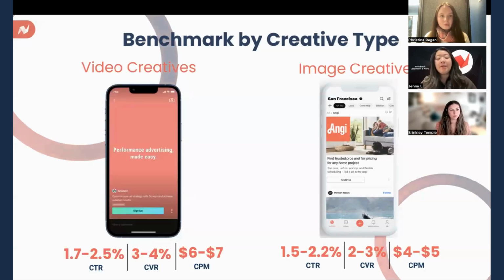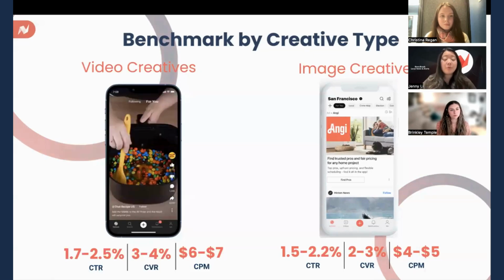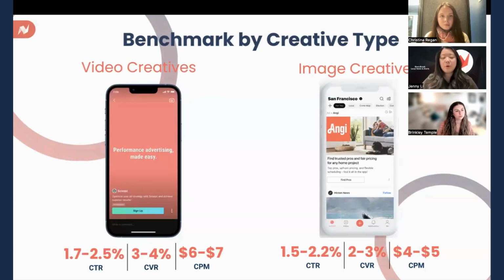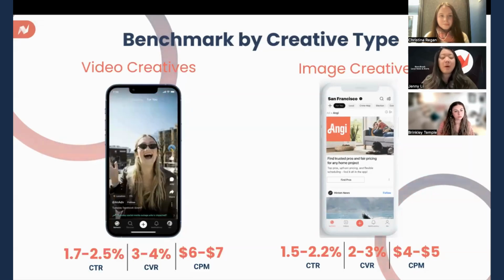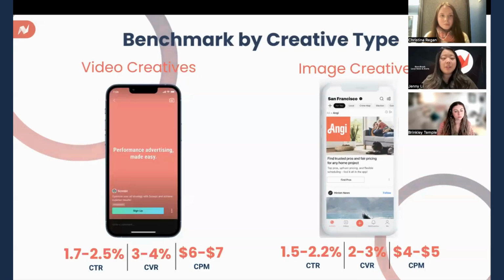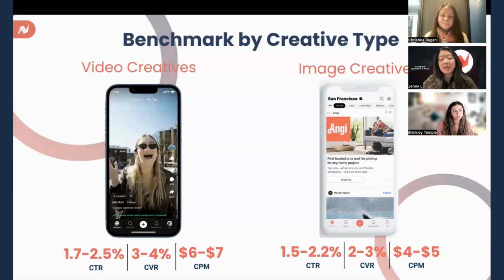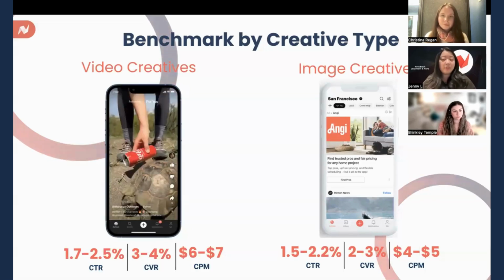Because our video creatives tend to have a higher conversion rate, if you see a slightly higher CPM and you're running a vertical video, there's a high chance that you're performing really well at the immersive video placement, so it's running more towards the immersive placement and you're seeing a higher CPM. But that also usually accompanies a higher CTR and CVR as well.